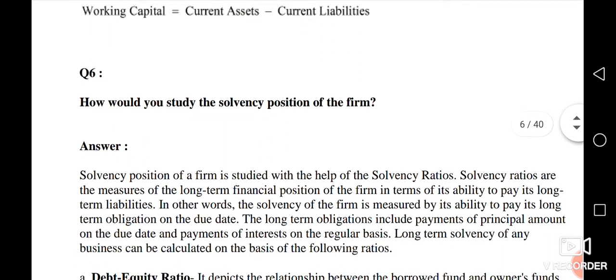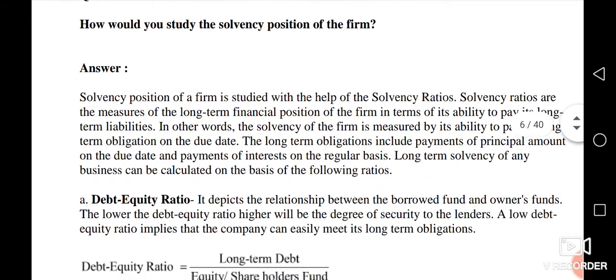The next question is, how would you study the solvency position of the firm? Solvency position of a firm is studied with the help of solvency ratios. Solvency ratios are measures of long-term financial position of the firm in terms of its ability to pay its long-term liabilities.